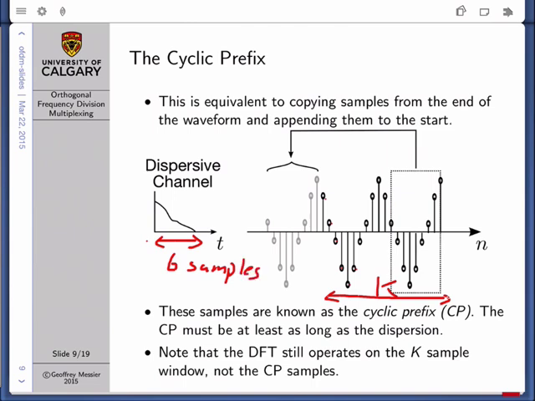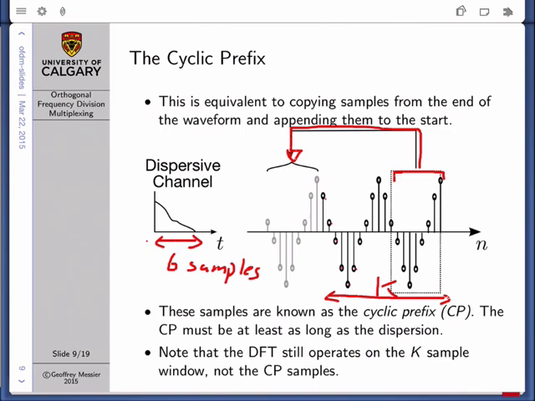And what we do then, in order to make sure that the dispersion affects all of our samples equally, is we take a copy of the end of our transmitted sinusoid and attach it to the beginning of our transmitted signal.